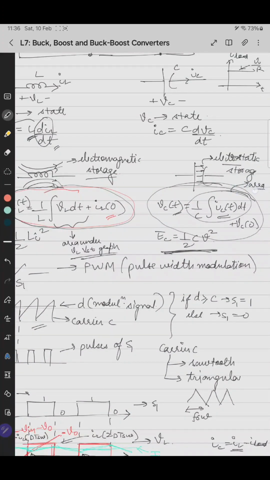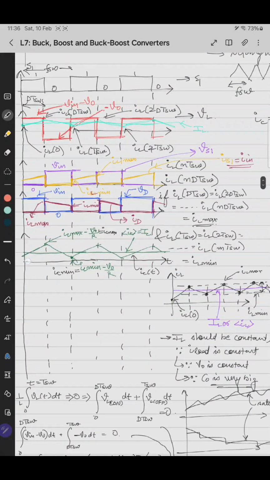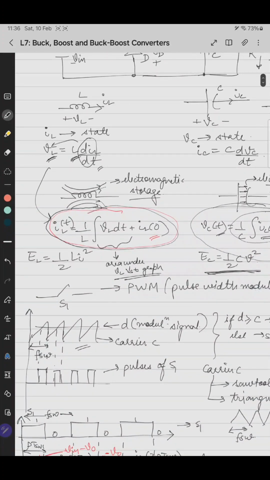This is again area, versus the area of the IC versus time graph during different instances. So let's say this is the equals 0 axis for it.